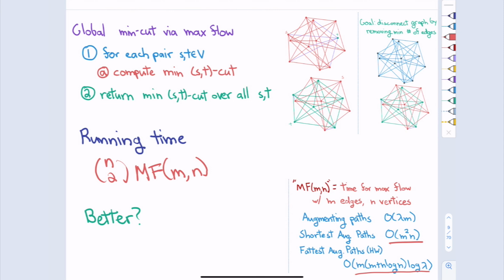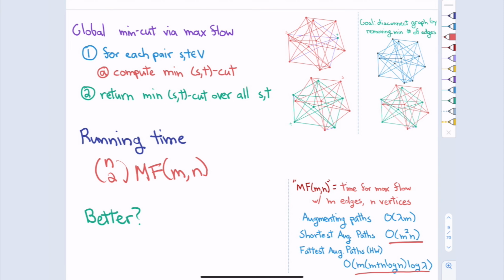Maybe you don't have to try all pairs s and t. Maybe you can just fix s and then try all t.